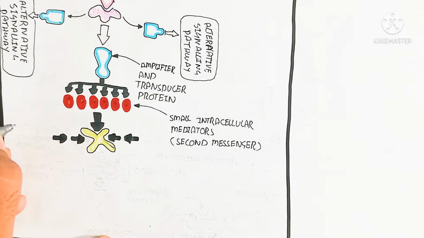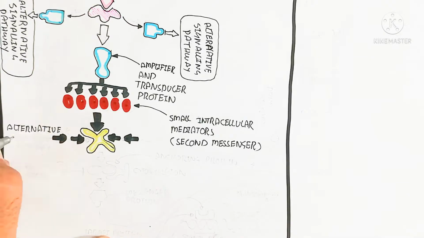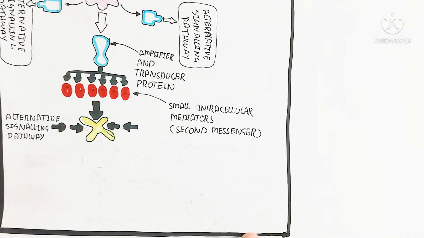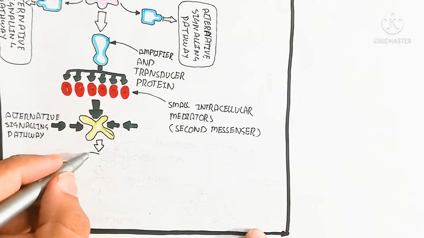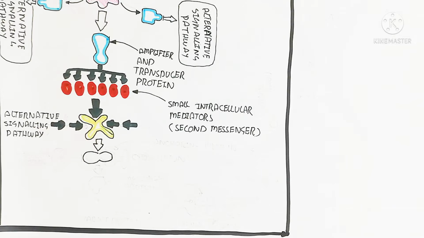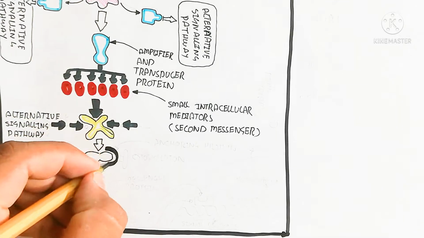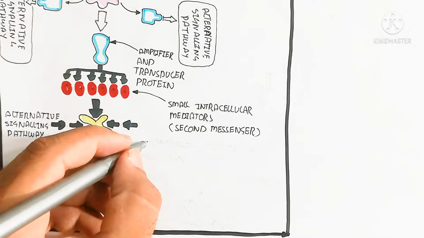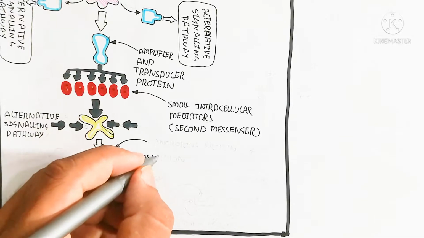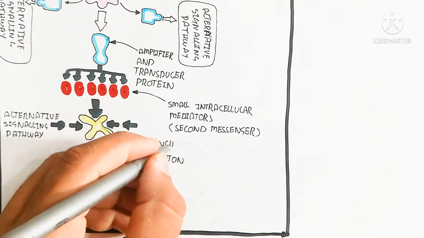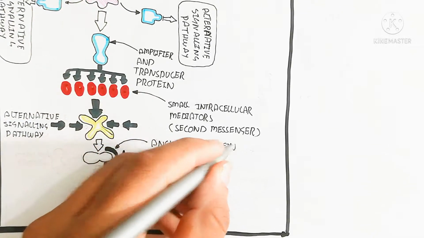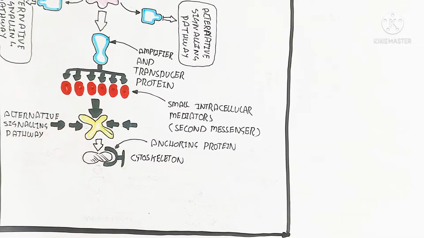After the second messenger activation, the alternative signaling pathways also affect this yellowish protein, which undergoes anchoring modification, and the anchoring protein will be anchored with the cytoskeleton. After the cytoskeleton anchoring, the modulator protein can inhibit this reaction.